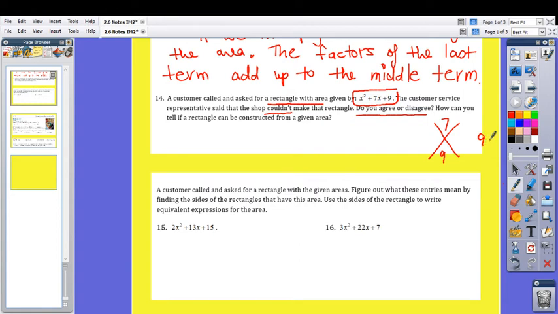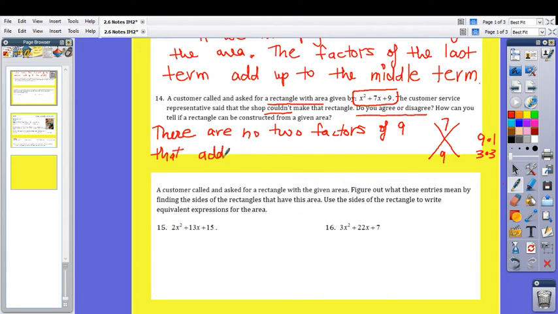So if we do 9 times 1, we get 9, but 9 plus 1 is 10, not 7. If we do 3 times 3, that will give you 9, but 3 plus 3 will be 6. So it's not possible. So we will write down, there are no 2 factors of 9 that add up to 7.